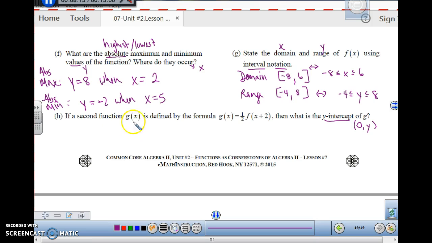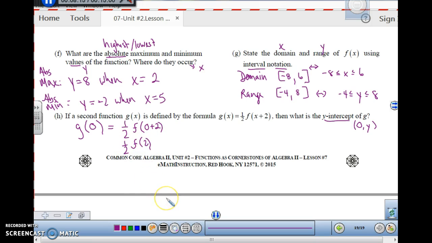So, if g of x is defined by the formula g of x equals 1/2 f of x plus 2, we're saying when x is 0 on that function, it would be 1/2 of f of, plug in the 0, plus 2, which would be 1/2 of f of 2.